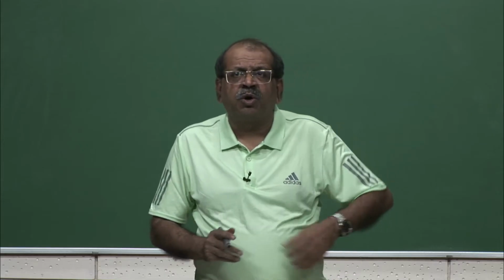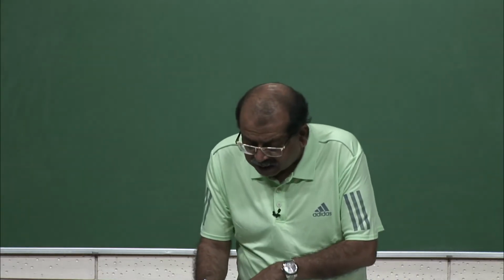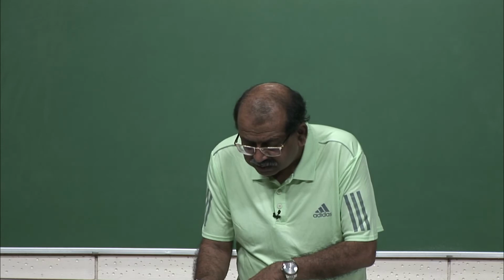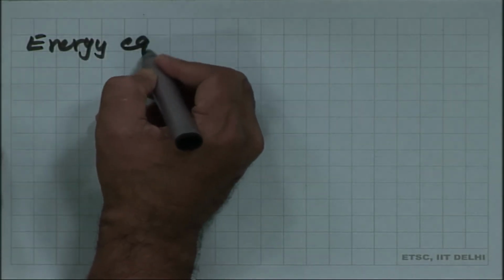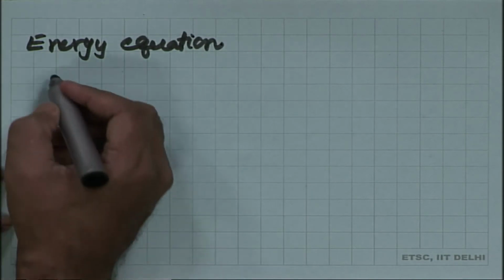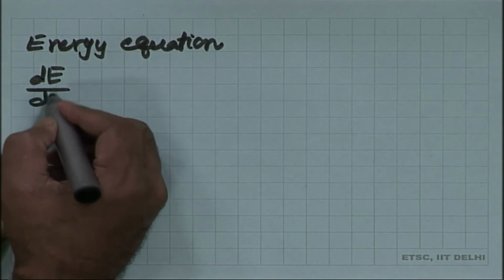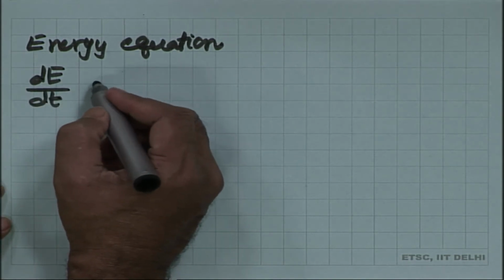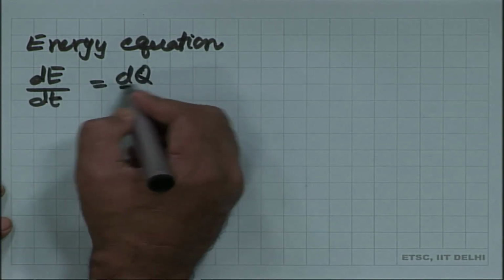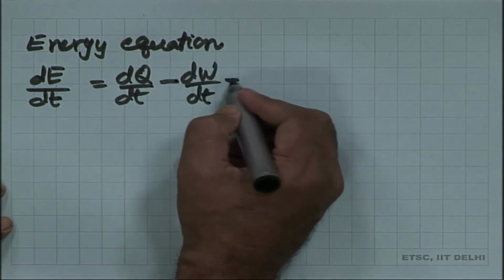So, what we have done is look at various components of energy and various components of work done. Now, let us get back to our energy equation. The energy equation was dE by dt is equal to dq by dt minus dw by dt.